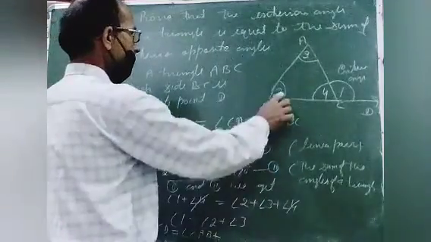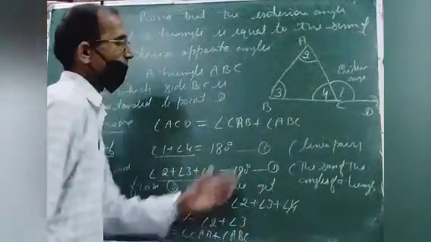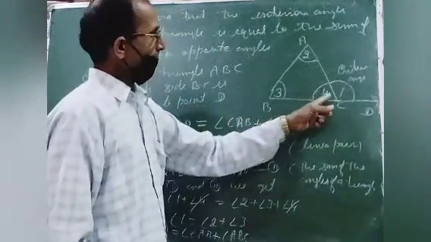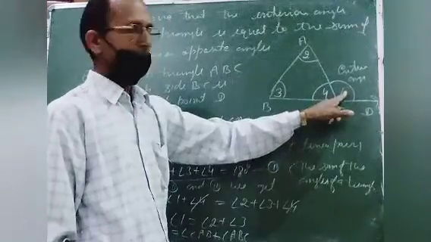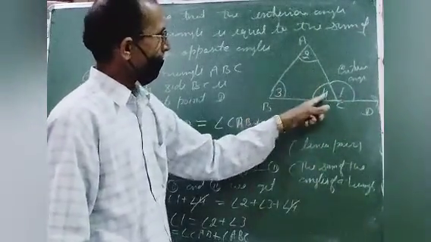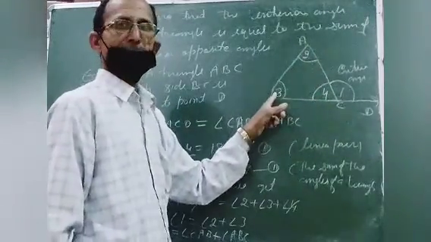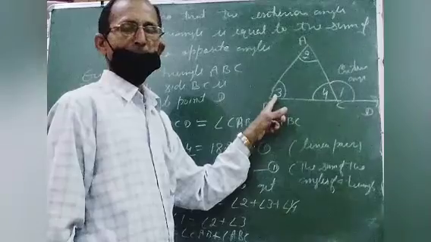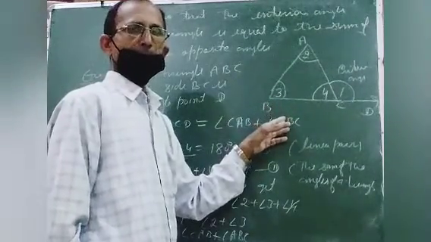Plus angle 3 means ABC. So this is the theorem. The main point is that the exterior angle is always equal to the sum of the interior opposite angles, excepting the adjacent one, so the opposite interior angles 2 and 3. So this was the theorem, and exercise 7.2 is related to it.